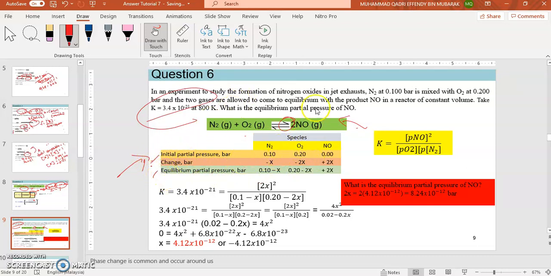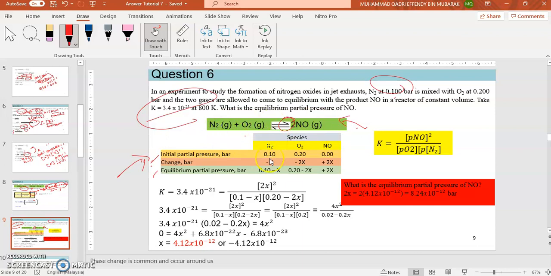At initial we have 0.100 bar of nitrogen gas and also 0.200 bar of oxygen gas, and we don't have nitrogen oxide at the initial partial pressure. For the change, we need to look at our chemical equation.